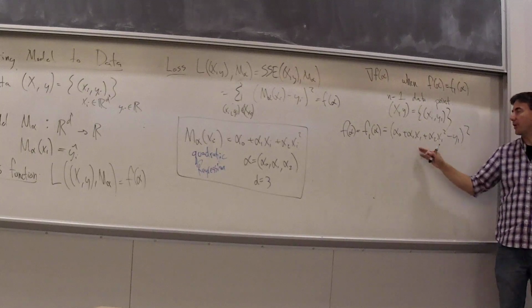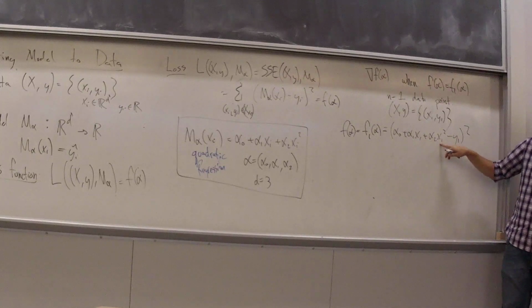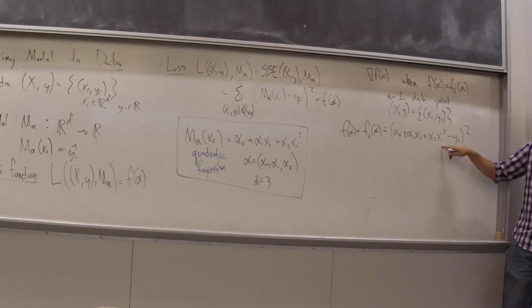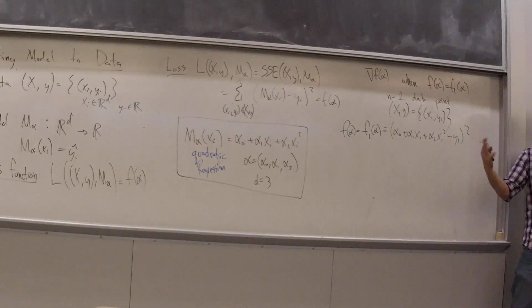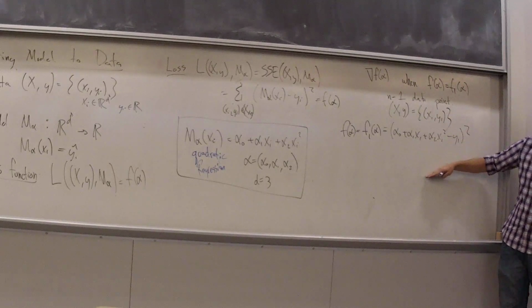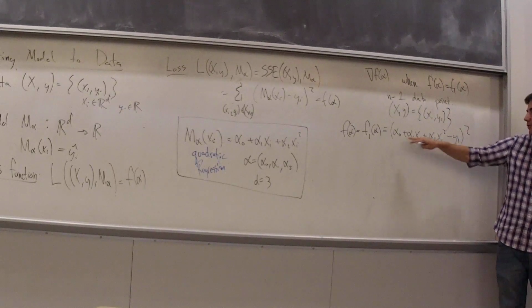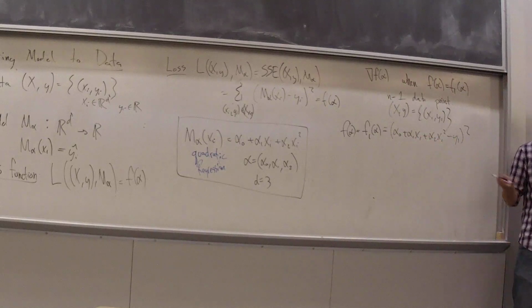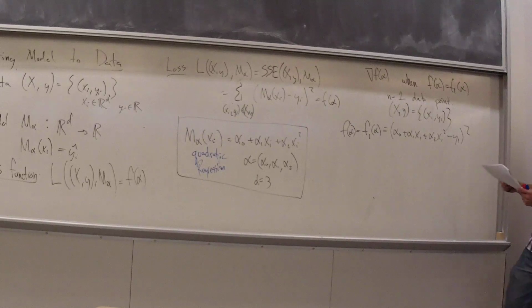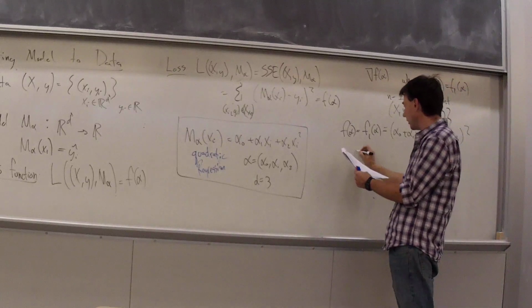And remember, it's in terms of alpha, x1, x1 squared, and y1. Just x1 and y1 are given to me. These are constants. But to write the gradient, I need to do the partial derivatives in terms of alpha 0, alpha 1, and alpha 2. No, it's not going to be hard. But let me just go through this.